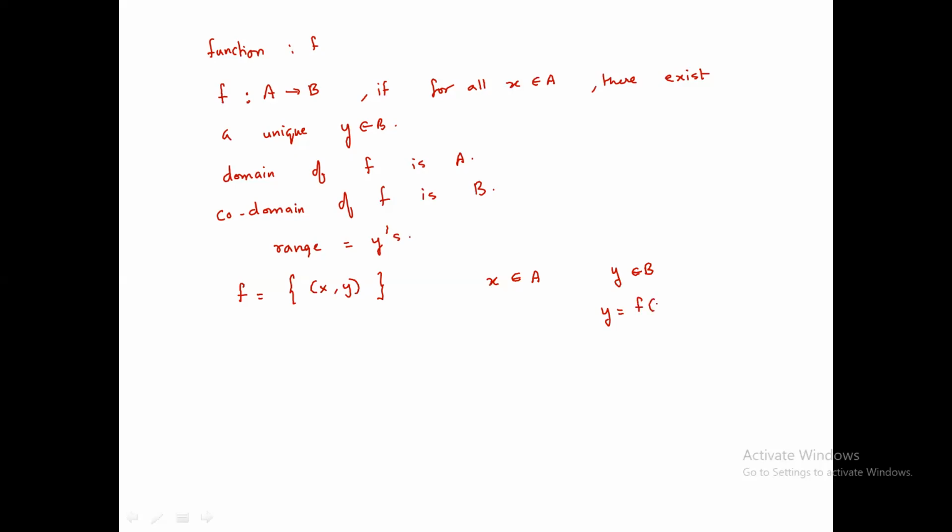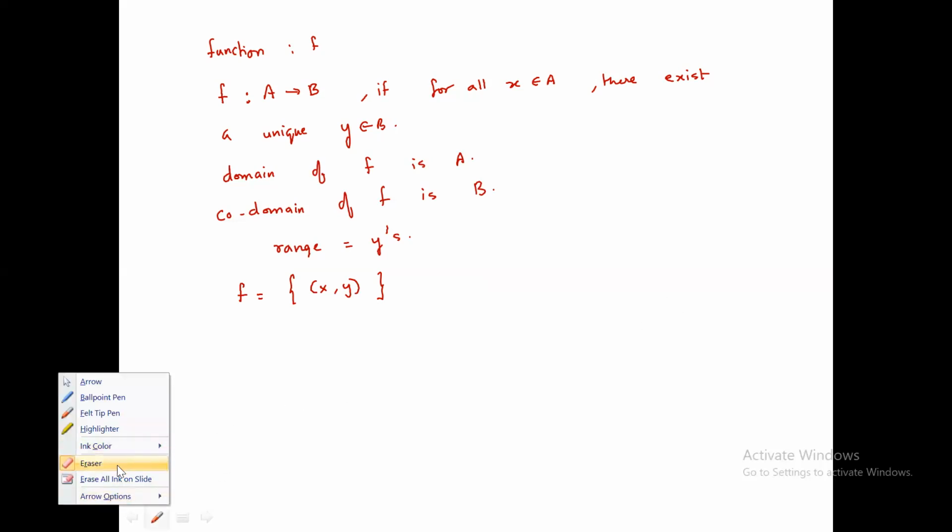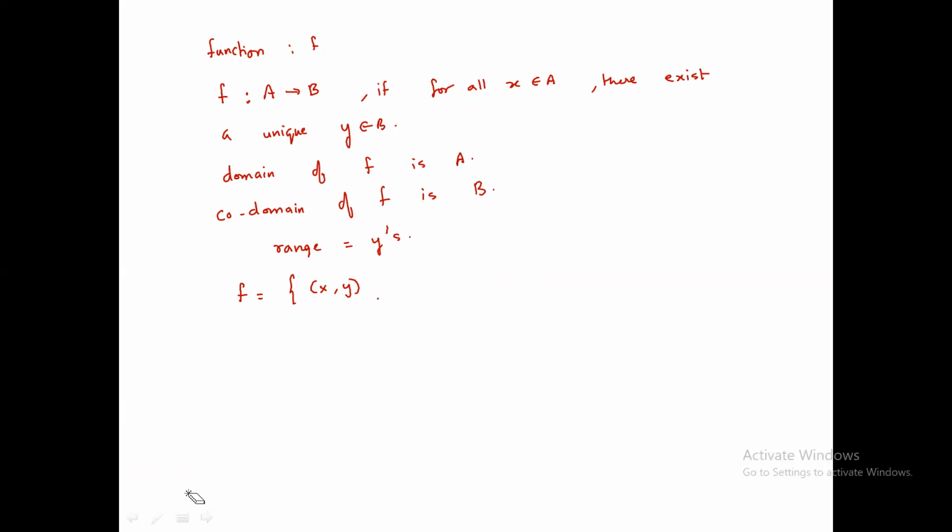Y will be f of X. The equation will be called f of X. Why, I will tell you later. So at present, you need not concentrate on this part. Just concentrate: function means it is a set of ordered pairs, such that X belongs to A, Y belongs to B.